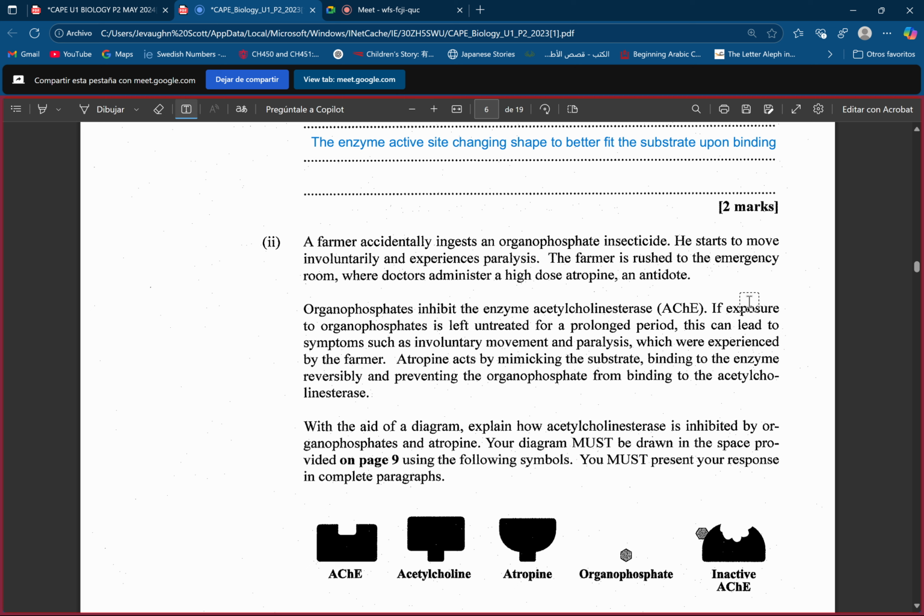Organophosphates inhibit the enzyme acetylcholinesterase, which breaks down neurotransmitters. Alright? If exposure to organophosphates is left untreated for a prolonged period, this can lead to symptoms such as involuntary movement and paralysis, which were experienced by the farmer. Atropine, right, acts by mimicking the substrate, binding to the enzyme reversibly, right, and preventing the organophosphate from binding. So when we look at something like that, what is atropine?